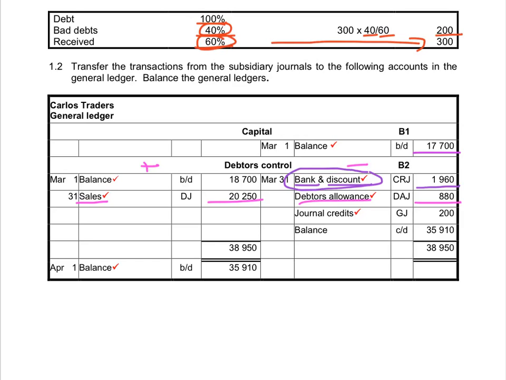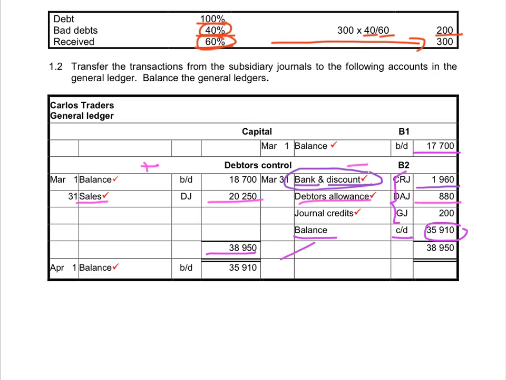Debtors control is an asset. Assets always have debit balances. Therefore, we will add up the debit side first. Then we will subtract all the amounts on the credit side and work out what is the difference between the debit and credit side. And the difference is my balance carried down above the total. So this is my balancing figure.